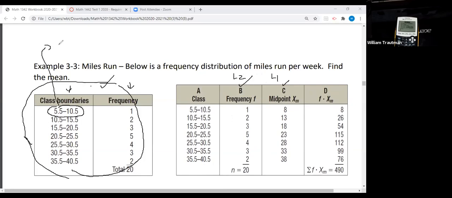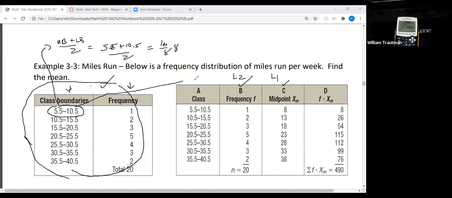The midpoint is the upper boundary plus the lower boundary, divided by 2. 5.5 plus 10.5 divided by 2. That's 16 divided by 2, which is 8.